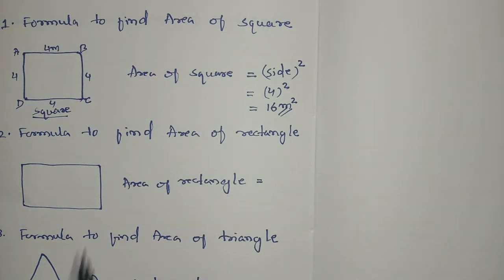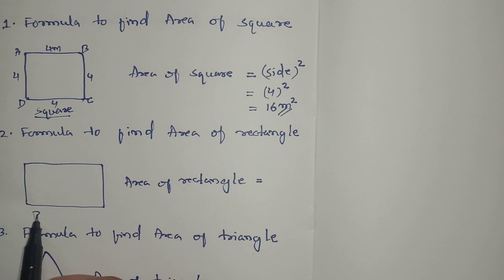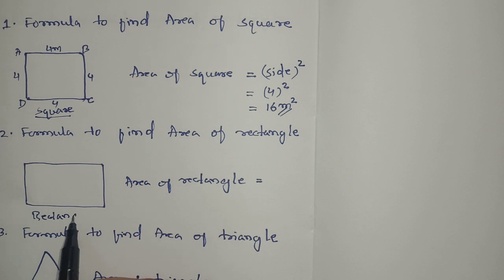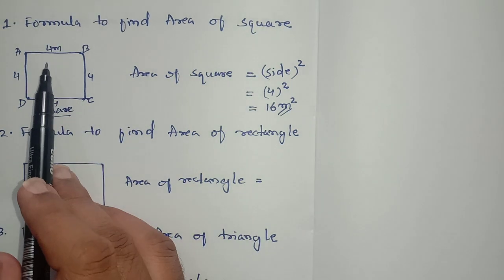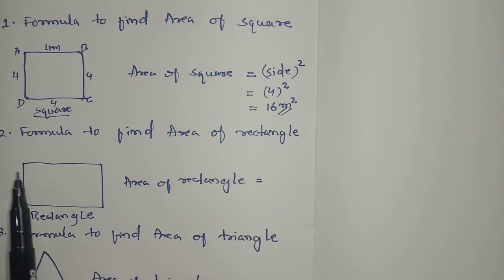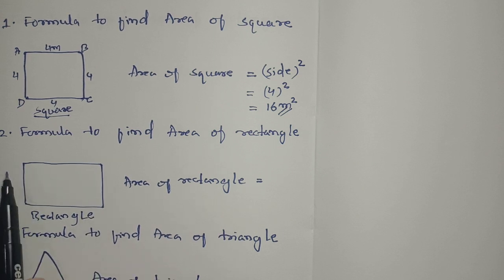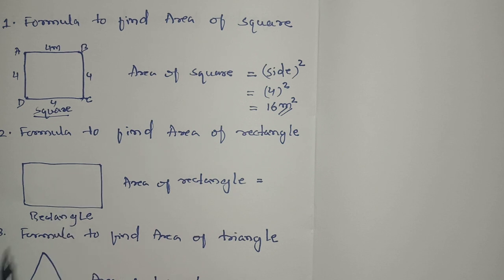Now next is rectangle. This is called rectangle. What do you mean by rectangle? A four-sided figure. Same as in the square, where we have a four-sided figure, here it is also a four-sided figure in which opposite sides are equal.